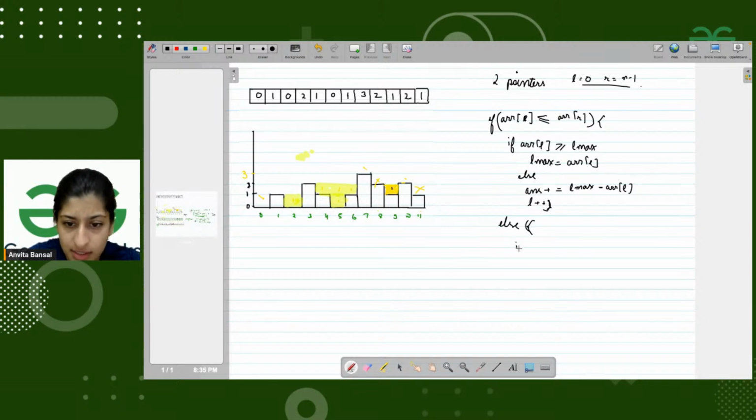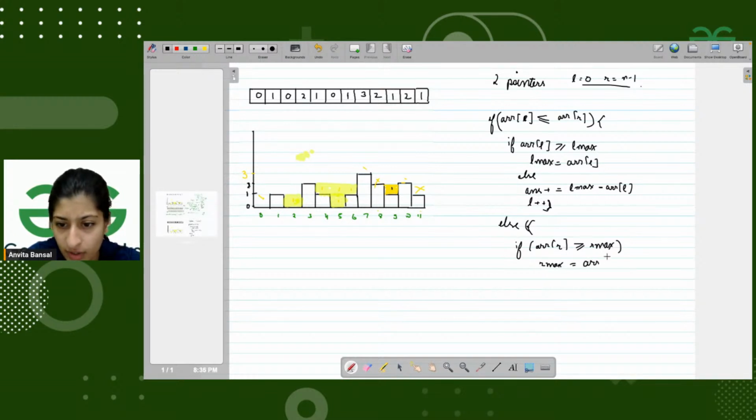So in that case, if again ARR of right is greater than or equal to R max, let's say R max also we are storing, then what are you going to do? If your ARR of R becomes greater than R max, then obviously you will update your R max with ARR of R. And why we are doing so, just keep patience, I'll come to it.